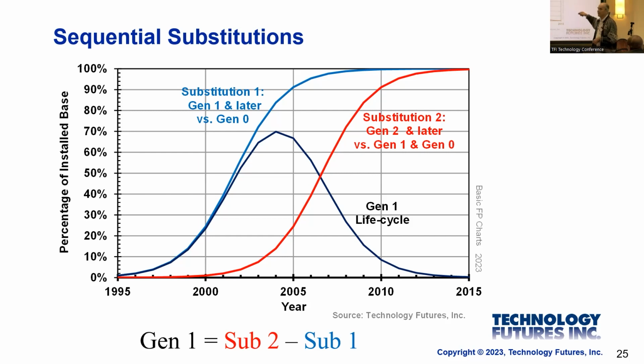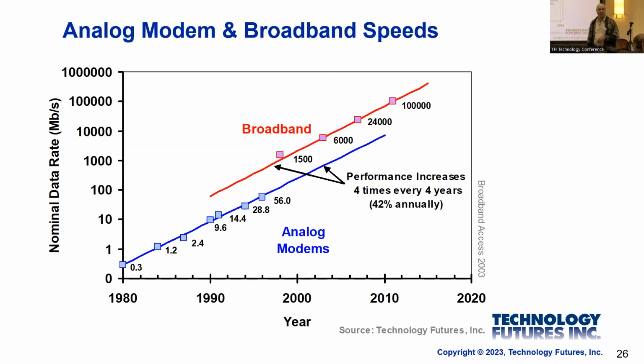And we first used this technique in anger, if you will, in forecasting broadband, again back in the 90s. If you looked at analog modems, a few of you may remember analog modems. I remember them very well. They started out at about 300 bits per second, or baud, and then they came up to 1.2, and every year or so they increased in speed.